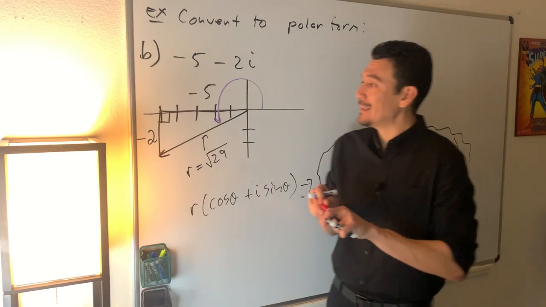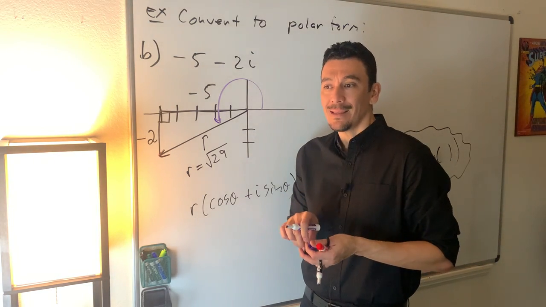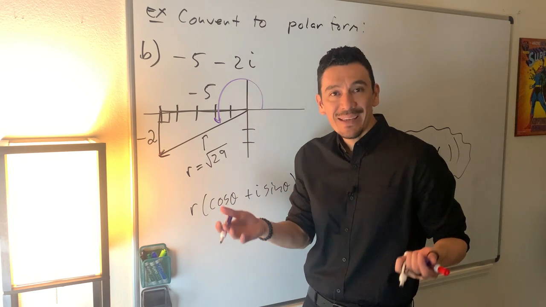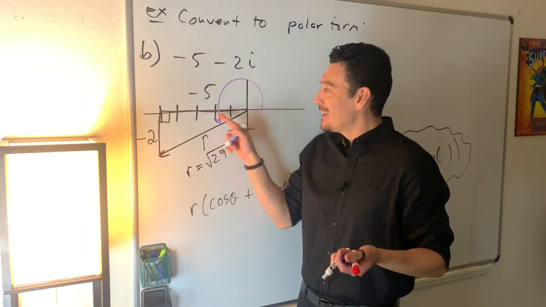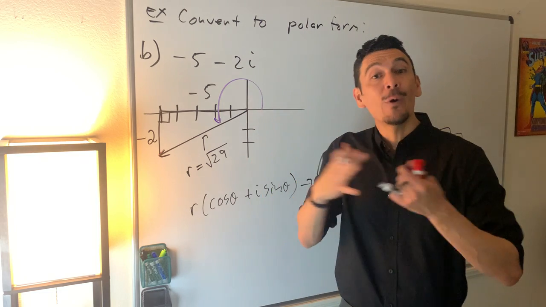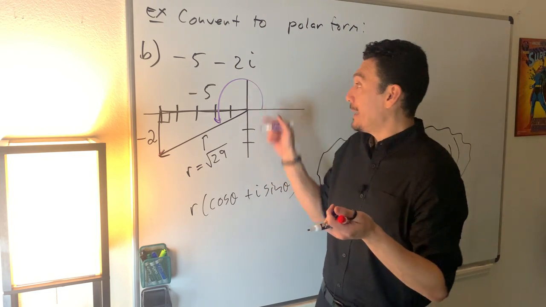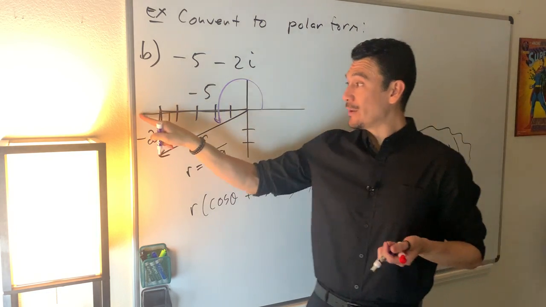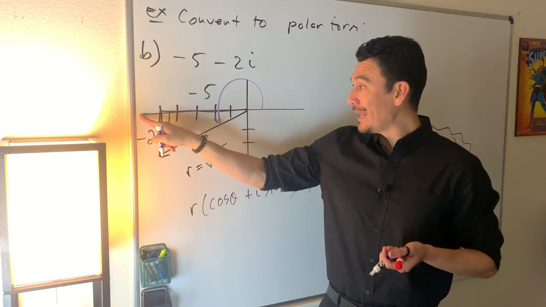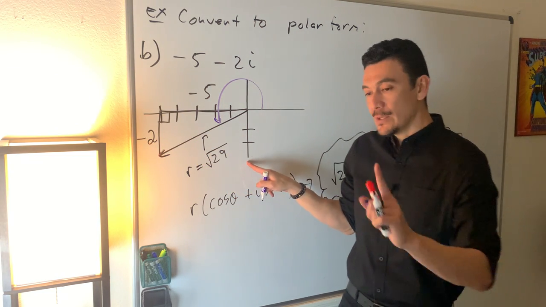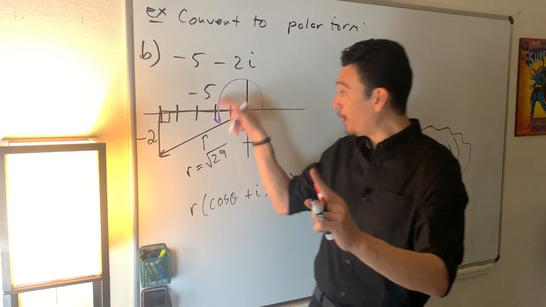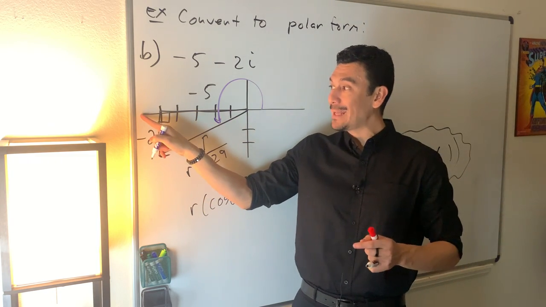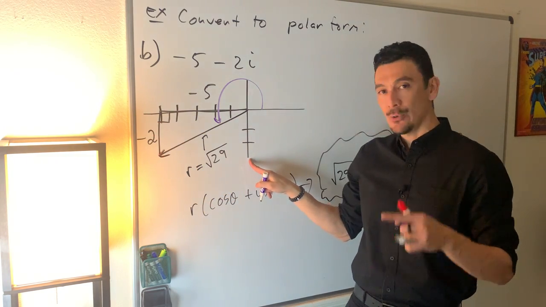Now, before we find it, what do we anticipate? Can you guess that purple angle, between what and what? It's more than 180, but it's smaller than 270. So I expect a number for this purple angle that's bigger than 180, but smaller than 270.